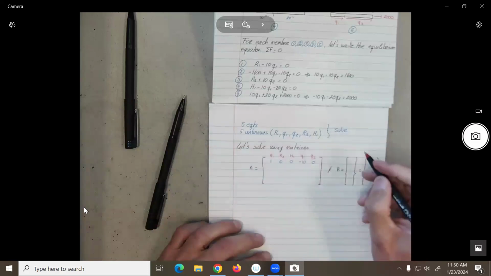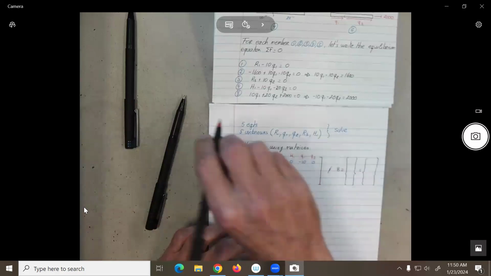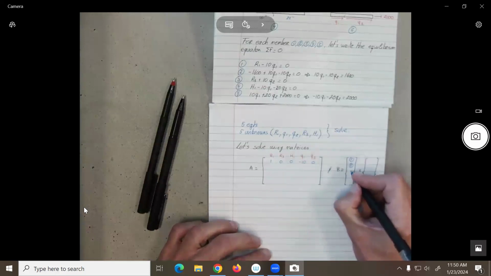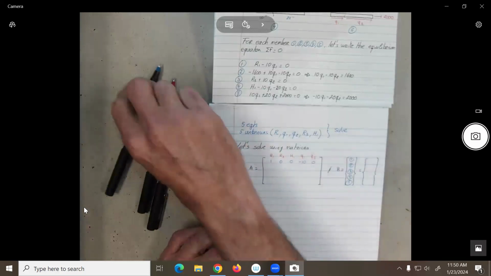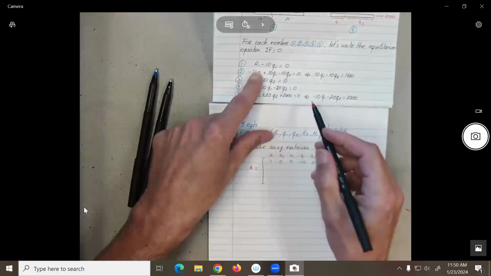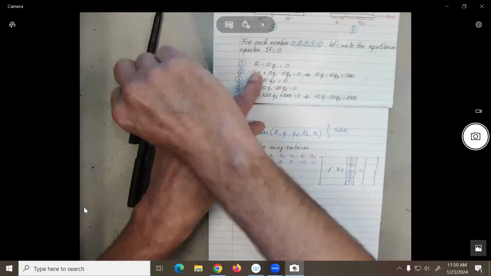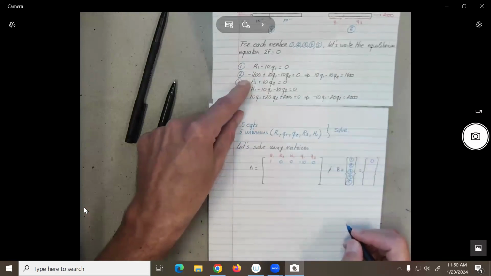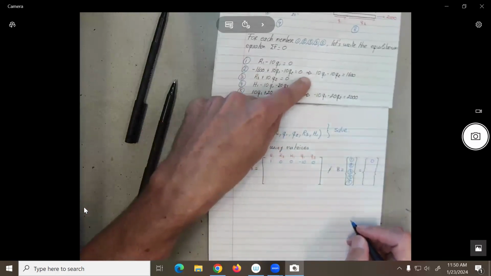So B basically will be containing, for equations 1, 2, 3, 4, 5, the right hand side of the equation, which is equal to 0.